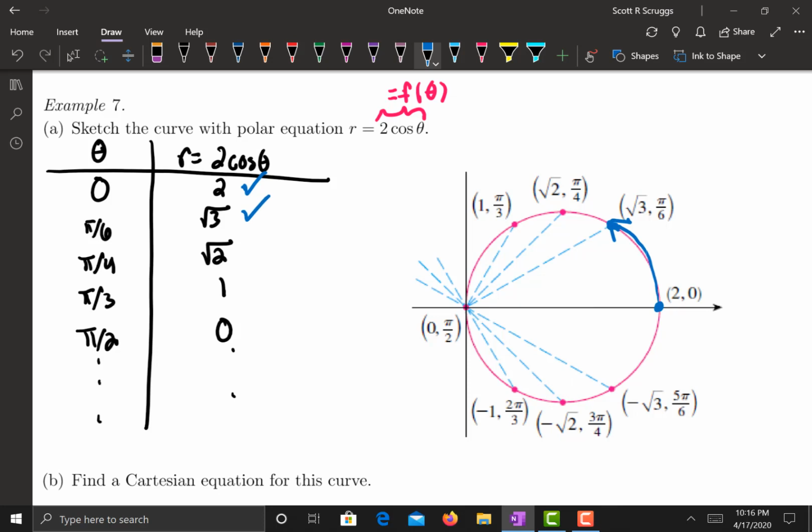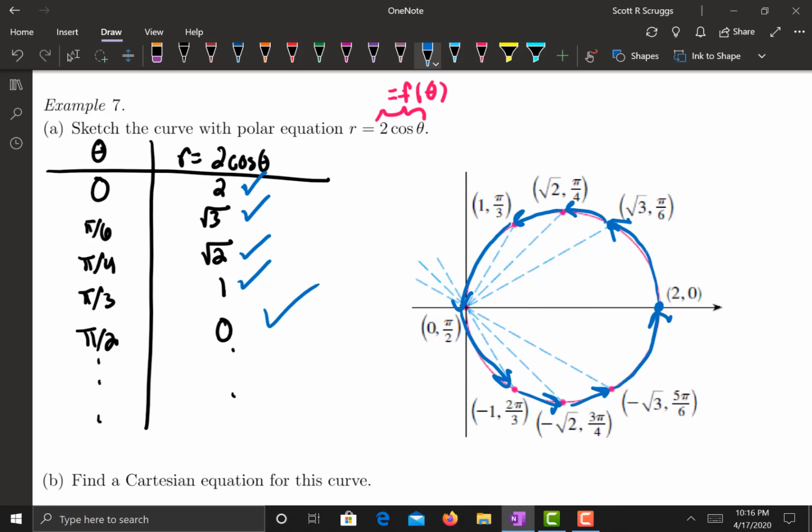At pi over 4, rotate until I hit there, I should be at the radial coordinate square root of 2. Same thing, continuing to pi over 3, I should get to 1. At pi over 2, I should land at 0. And it continues for as long as I do that.